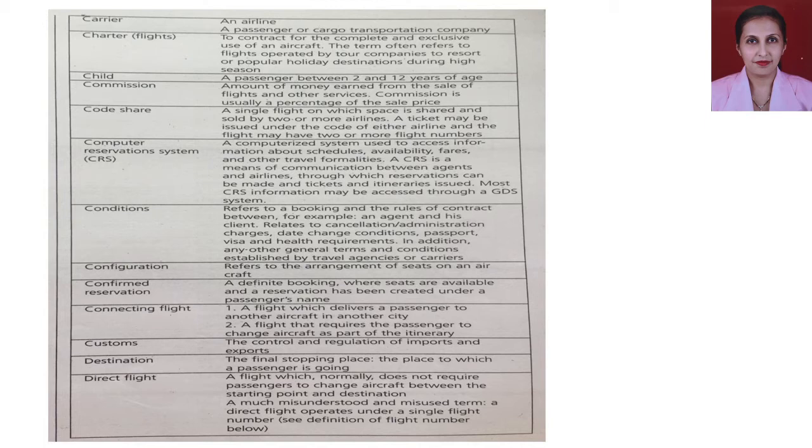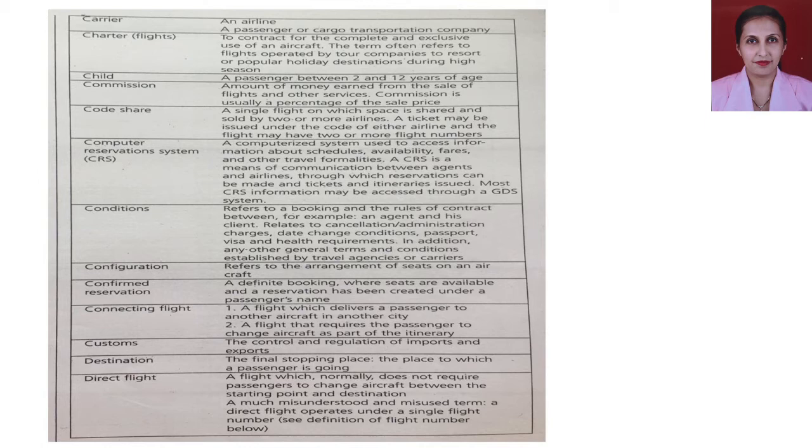So what SpiceJet will do, it makes me reach Dubai, and that plane can be the same aircraft or it can be the Air India's aircraft, depending on the situation. Let us assume that it is SpiceJet flight only, okay, and it is with code share with Air India, means Air India passengers will now come in the SpiceJet flight.